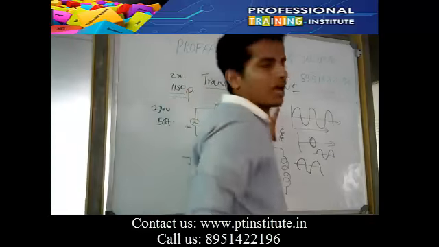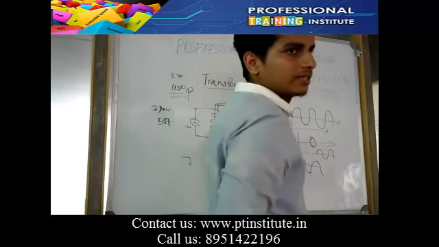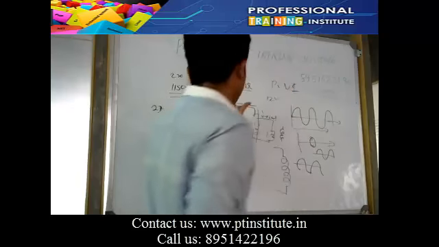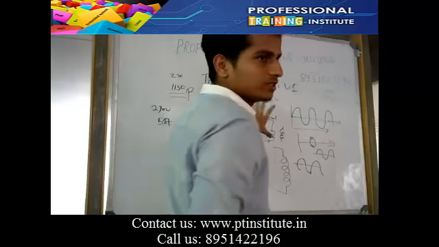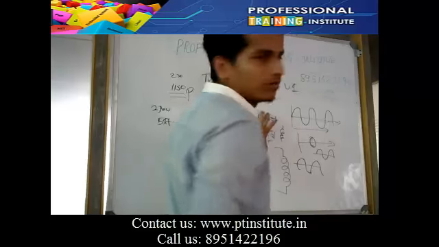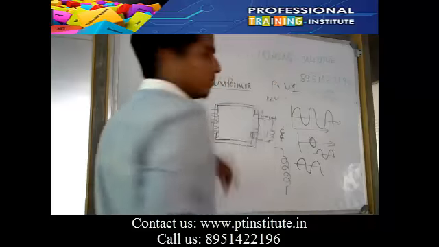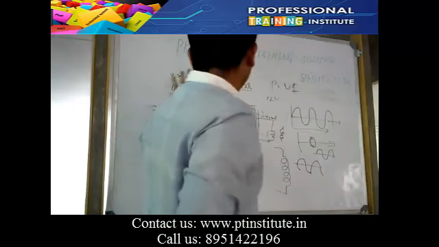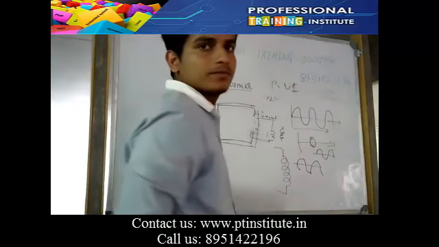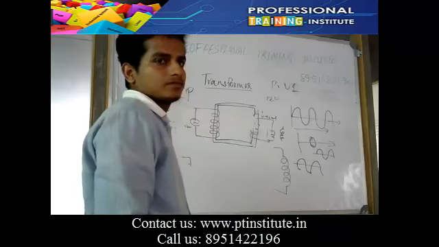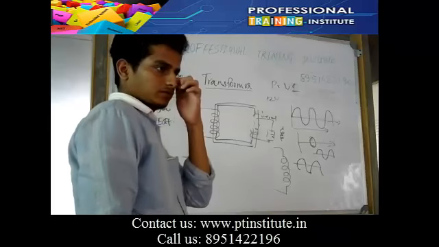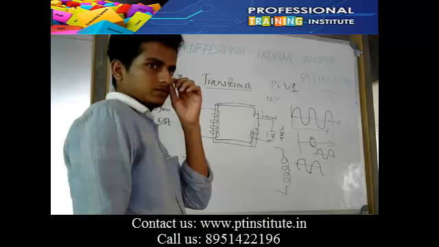The same power I want to get in the secondary side also. If I am using a step down transformer and getting 20 volts, what will be the current at the secondary side? Who can tell? Power is same.